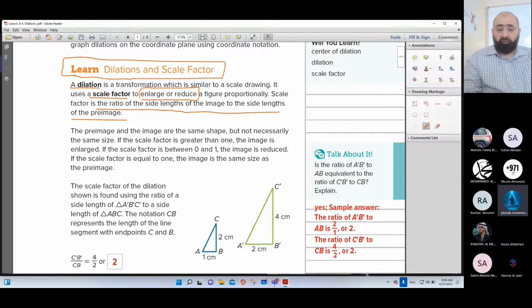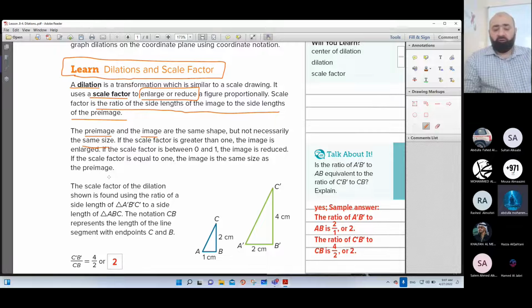Always, the pre-image and the image are the same shape, but not necessarily the same size.